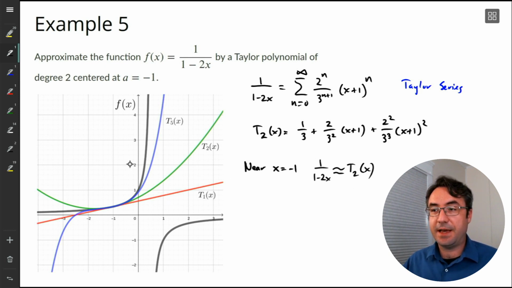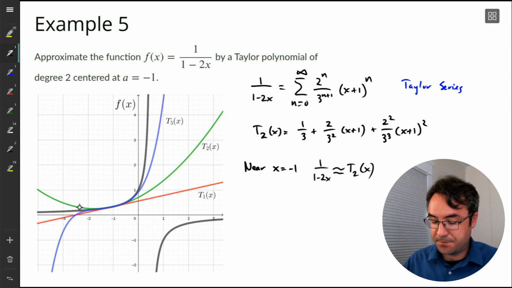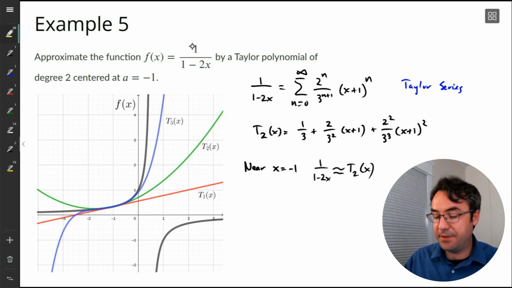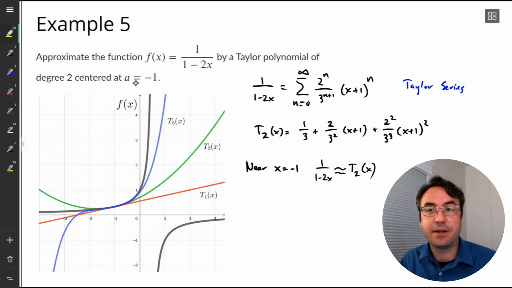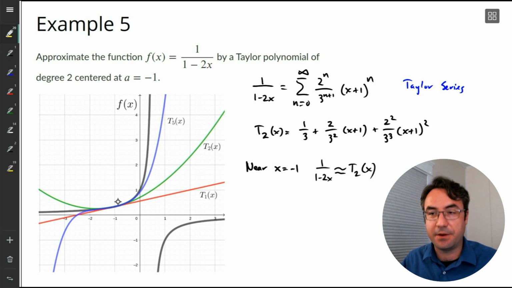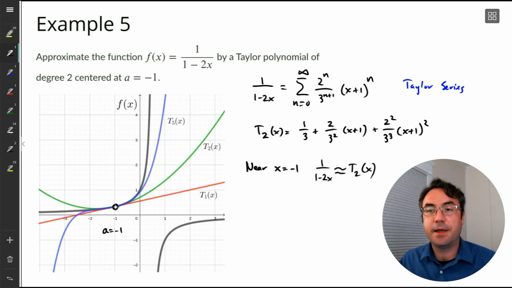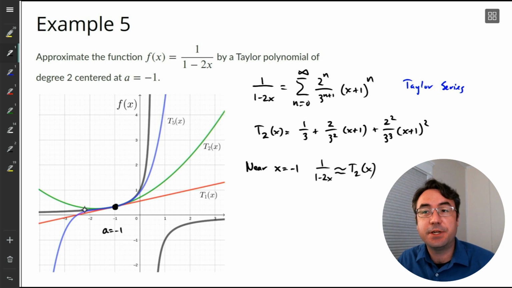And we can see that over here. We have our function graphed. There's kind of two pieces of it here: the piece above the x-axis, and then this piece over here. We're interested in this function centered at -1, so we're really interested in this function right around -1, and that's where we've focused our attention here.